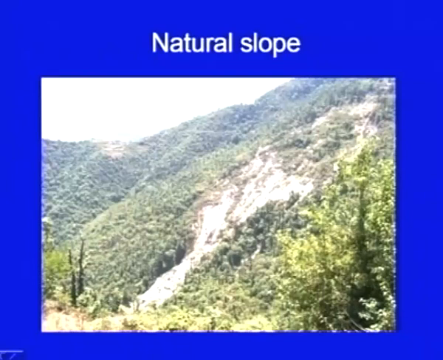Here I have taken an example of a natural slope. It's a site in hills. You can see it's a steep hill here, and there has been a landslide passing through this huge area. In fact, it caused a lot of damage to life and property on the downstream of this particular landslide. So, this is a natural slope and this has failed.